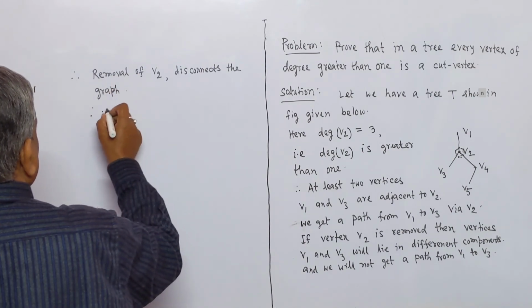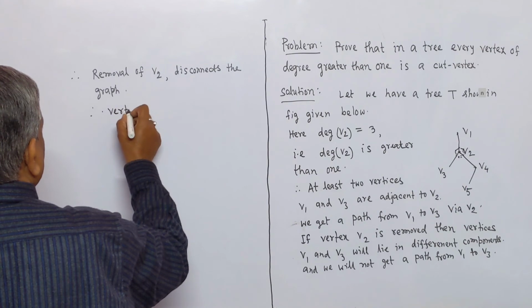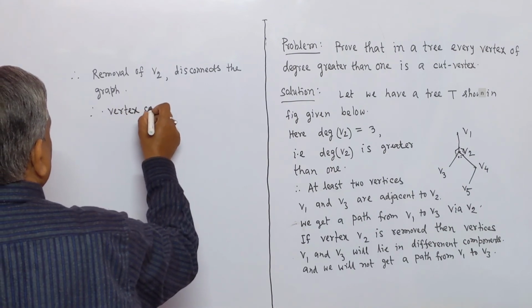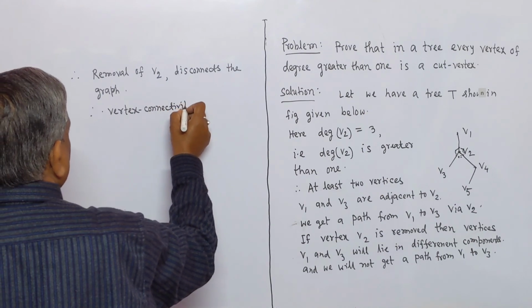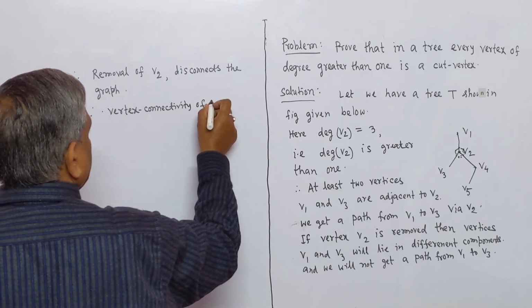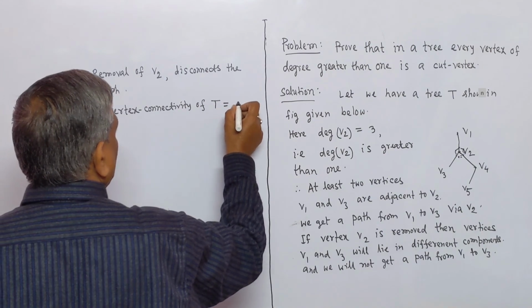Therefore, vertex connectivity of tree T equal to 1.